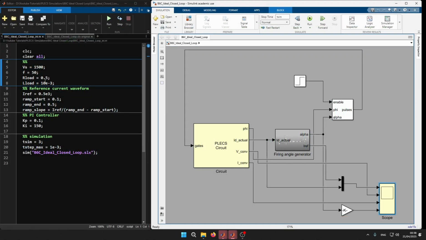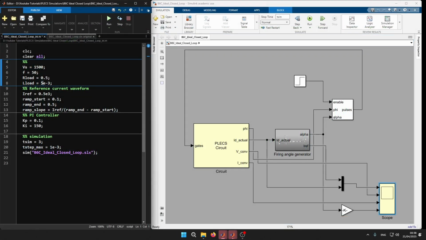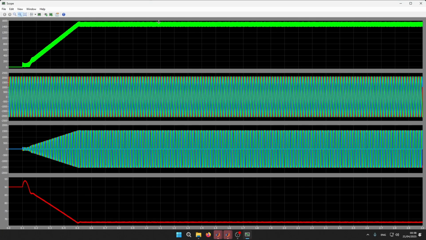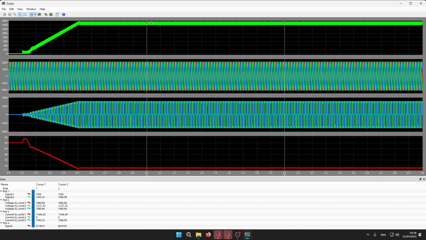Let's take back 5 millihenries again and increase the peak value of the DC current. Now let's take 1.5 kiloamperes and see the response. So it seems the tracking is still successful.